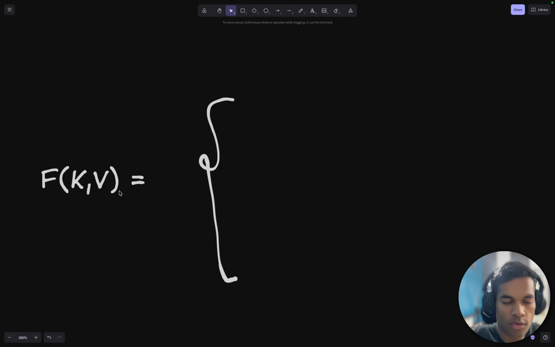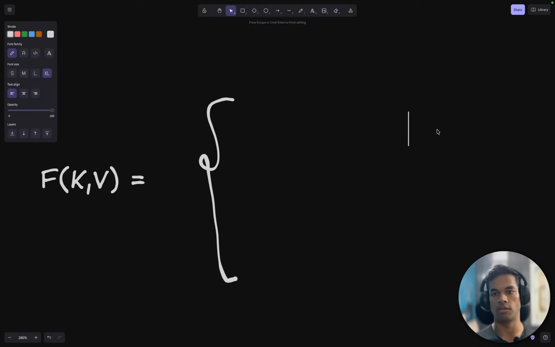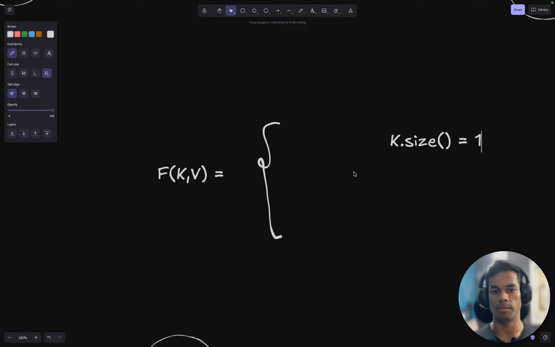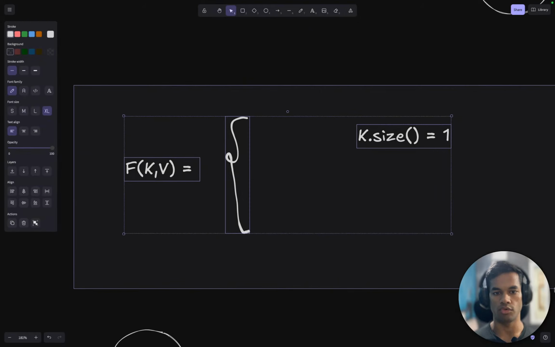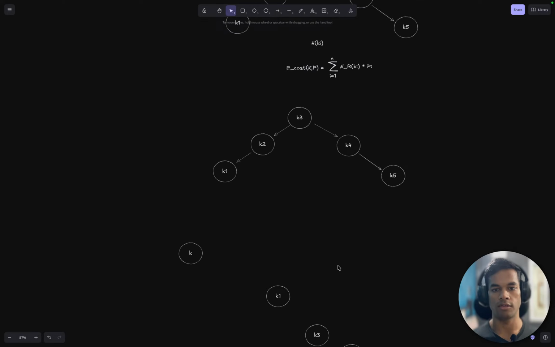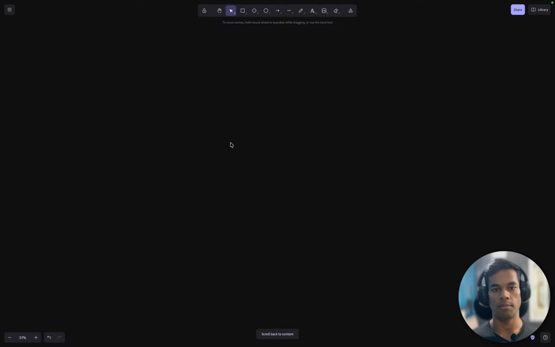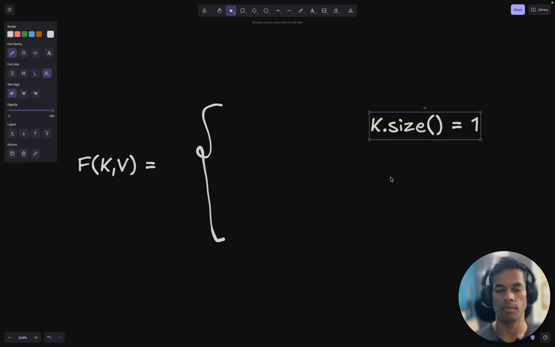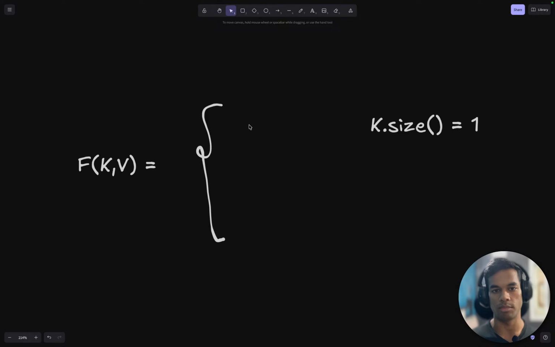And now going back to defining this function recursively, we have to find some base case. And the base case would be when size of k is 1. So when we can say k dot size equals 1, that would be our base case. So this would be our base case when size of k is 1, when we have only one element in our subtree.